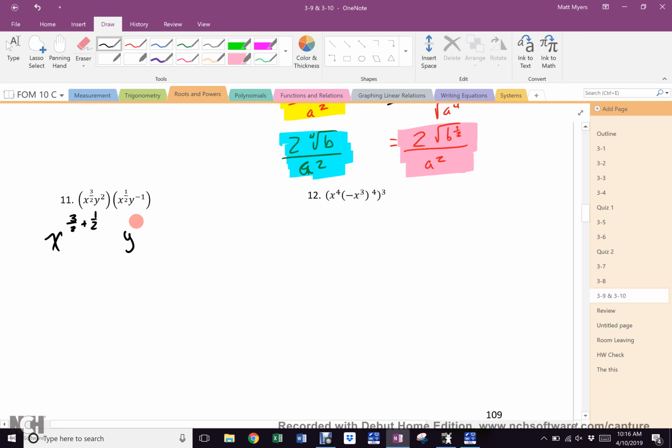And y to the what? 2 plus -1. What is 3/2 plus 1/2? 4/2. Which is what? X squared. What is 2 plus -1? Y to the 1. Would I ever write y to the 1?